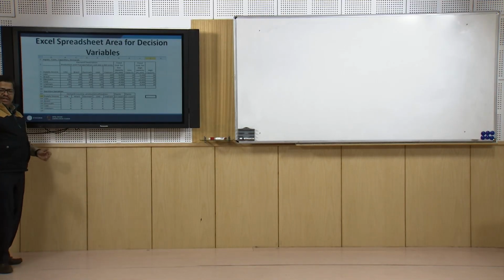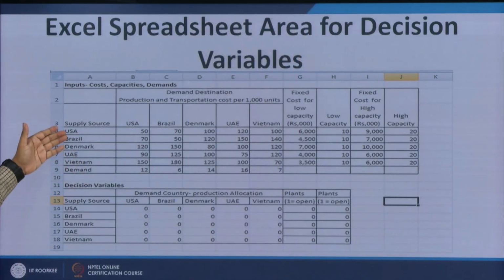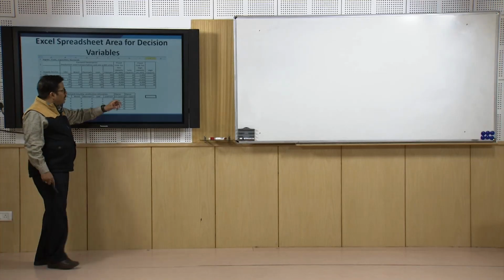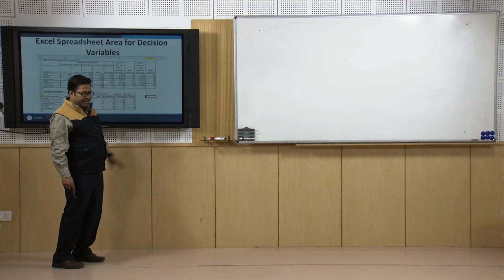Now in this case we have 2-3 major issues to be decided about the configuration of the supply chain network. One is that there are certain possible supply locations. So you have listed USA, Brazil, Denmark, Vietnam, UAE. These are possible supply locations, and in each of these locations you have an option either to have a low capacity plant or a high capacity plant.